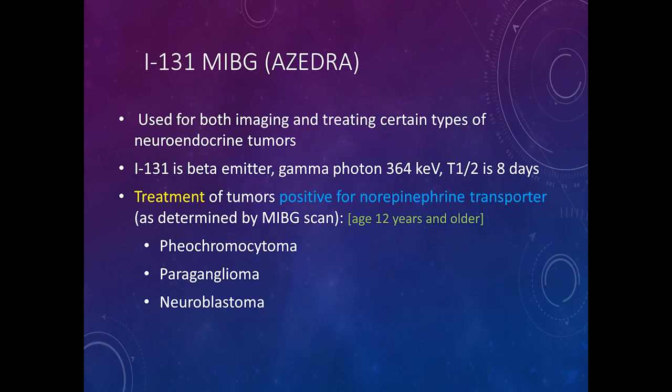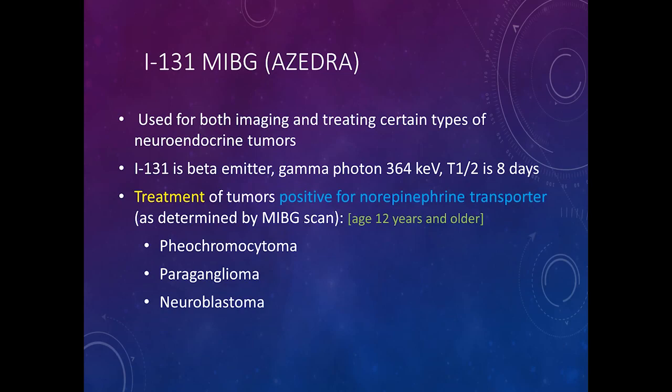Azedra is FDA approved for treatment of tumors that are positive on MIBG scans. You do an MIBG scan, you determine avidity of the tumor, and you treat them. It's approved only for adults and children older than 12 years old. It's usually used for pheochromocytoma, paraganglioma, and neuroblastoma treatments.